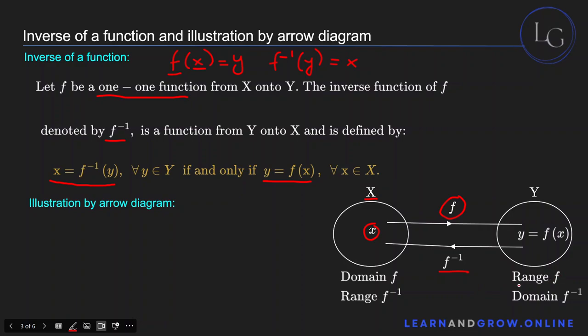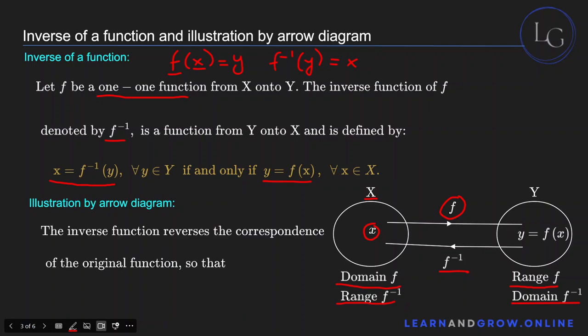So basically the y set is the range of the function f, but it is the domain of the inverse function f inverse. It is the opposite way around for the set x: the domain of the function, but the range of the inverse function. So f inverse of y is equal to x, right?